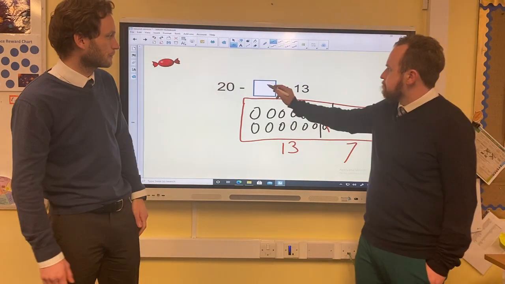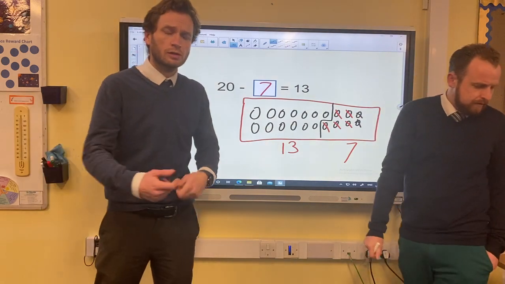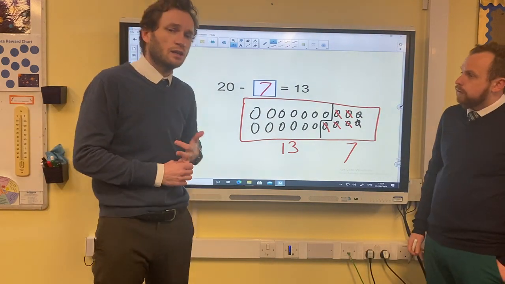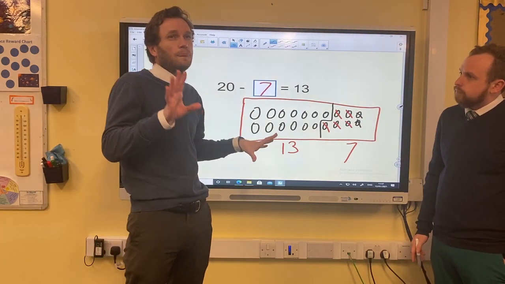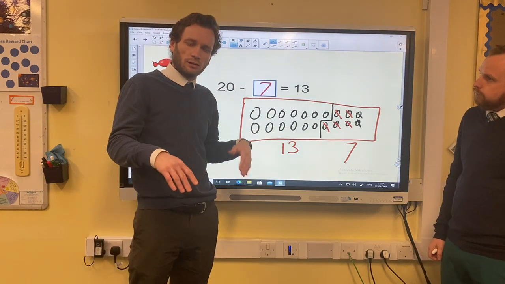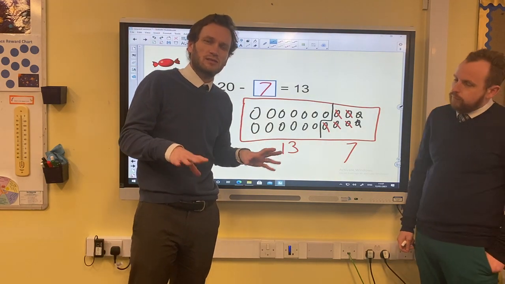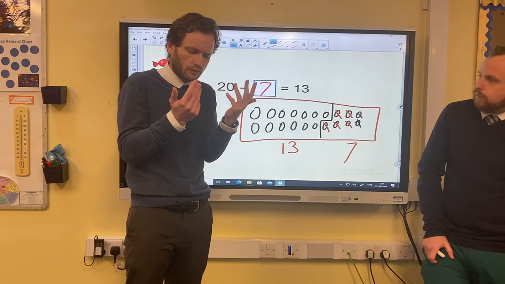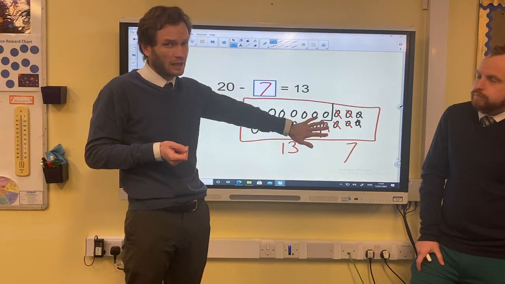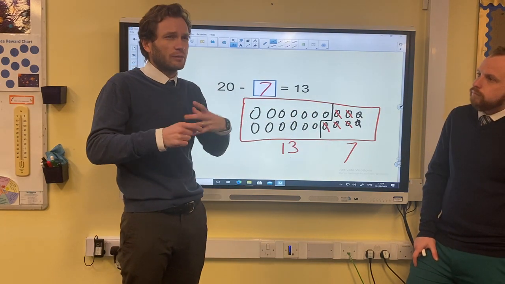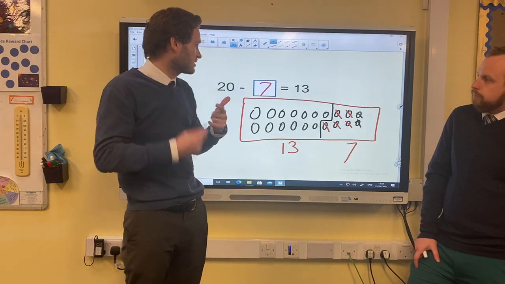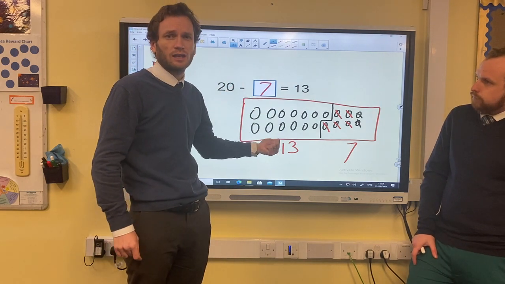Lovely. Okay, now when you do your activity in a moment, work it out however makes sense to you. Some of you will be doing your stuff with your fingers, some of you want to draw this bar, you don't have to draw this bar. Some of you will just be counting out in your head, some of you are just going to see the pattern, okay?